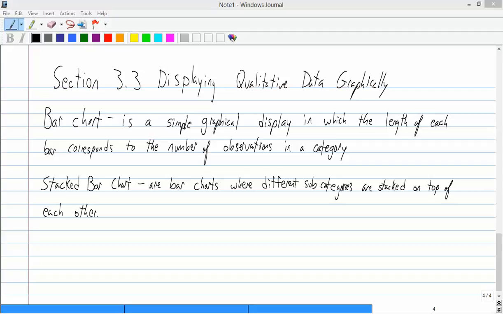Alright, so your book does have a lot of different bar charts. I can show you an example of just a regular bar chart and a stacked bar chart real quick.